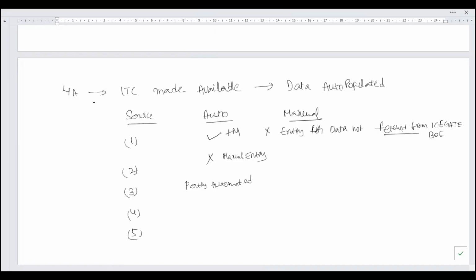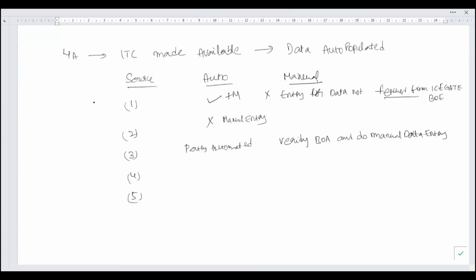So if it is partly automated, what I have to do? Verify books of accounts and do manual data entry with respect to RCM domestic. ISD, it is automated, no manual intervention.